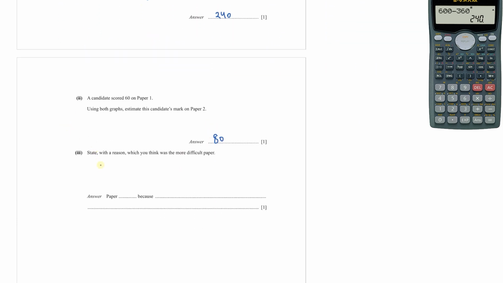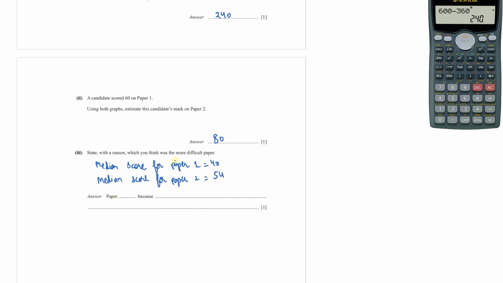So median score for paper 1 equals 40, and median score for paper 2 is 54. So that means paper 1 is more difficult because the mid score for paper 1 is lower. So on average, students scored lower on paper 1 compared to paper 2.